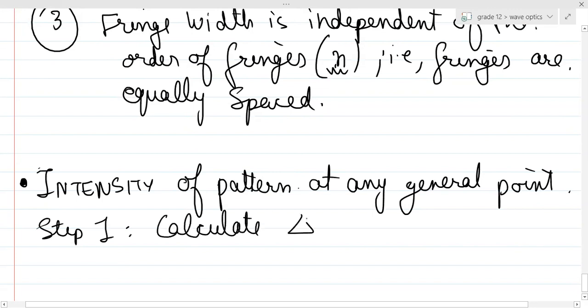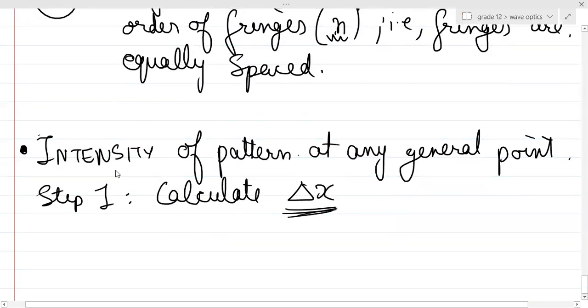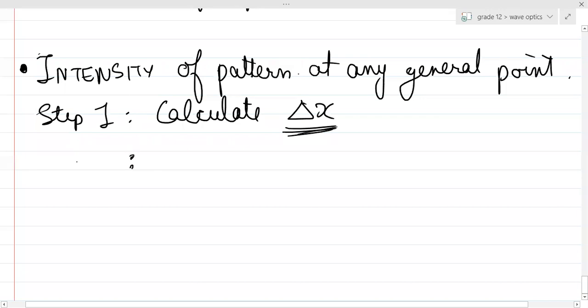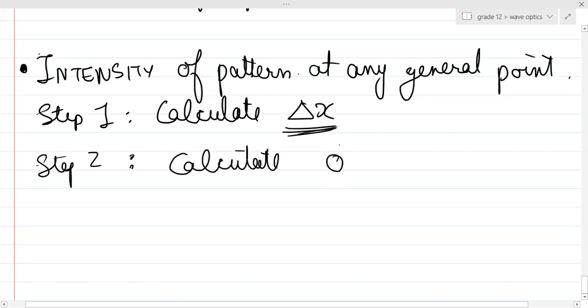Everything will be done with the help of path difference over here. If you can calculate path difference, then from the path difference calculate the phase difference.